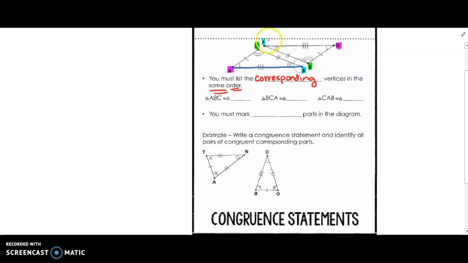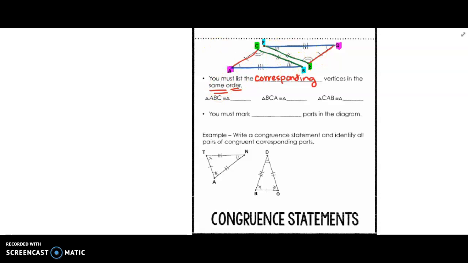Here's a triple mark here and a triple mark here. Here's a single mark and a single mark, and then double mark sides. So notice these two triangles are congruent because every angle over here is congruent to every angle over here, and every side over here is congruent to every side over here.